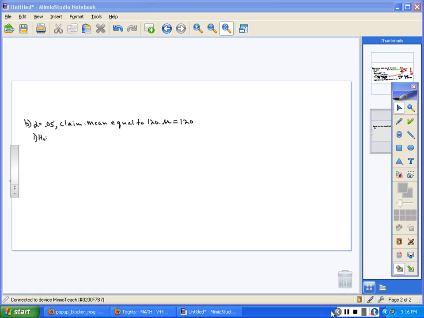H0, as we showed on the previous screen, is always equal to. So the claim this time is going to be in H0. So we are going to label it claim, and the word that we use in our final conclusion here will be reject.